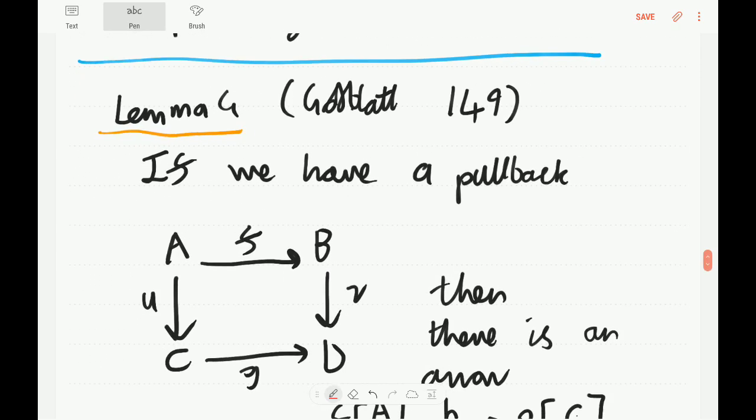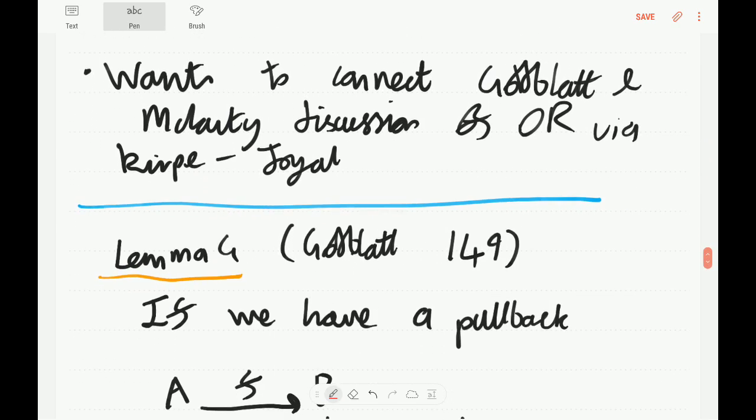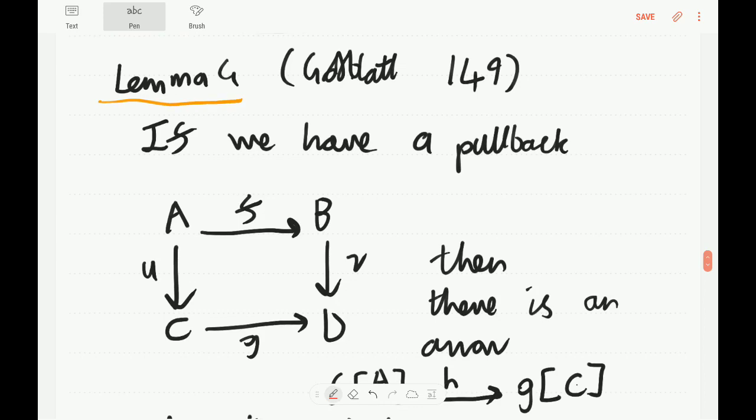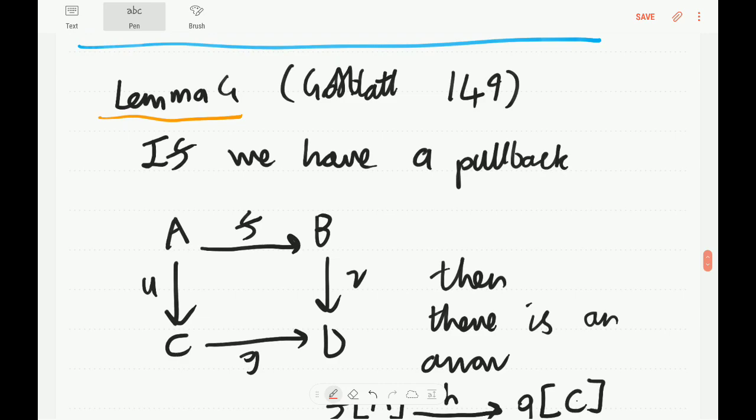Okay, so on with this result then. Firstly, a lemma.